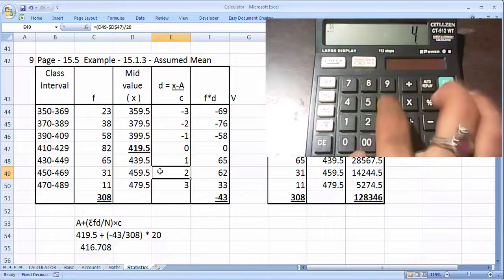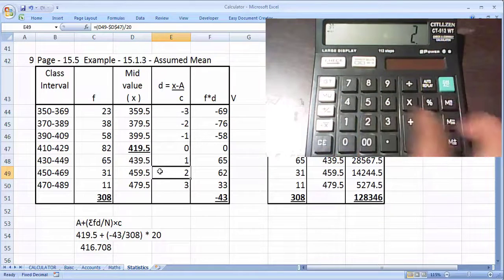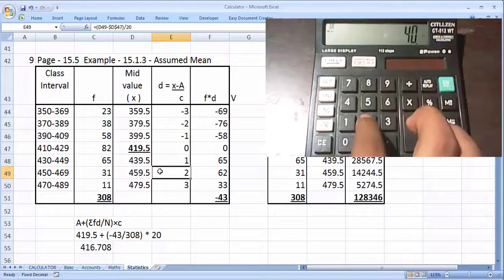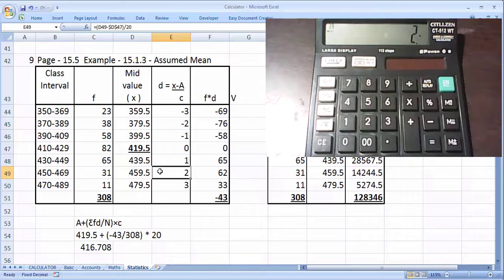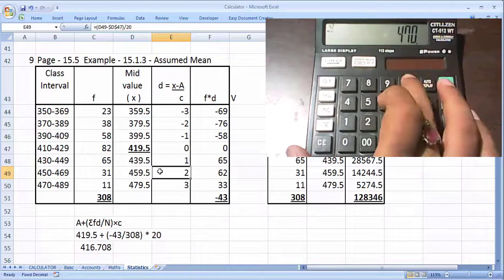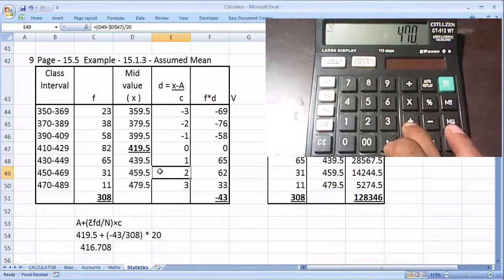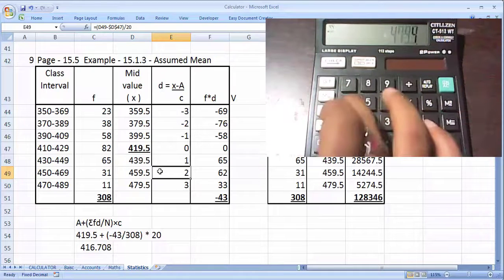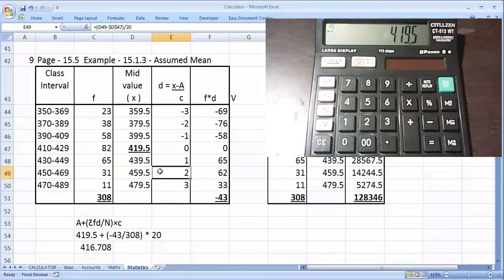Next, 450 plus 469 divided by 2 minus assumed mean 419.5, divided by 20, into frequency 31, gives plus 62. Midpoint of the last class interval, 470 plus 489 divided by 2 minus assumed mean 419.5, divided by class interval 20, multiplied with frequency 11, gives plus 33.